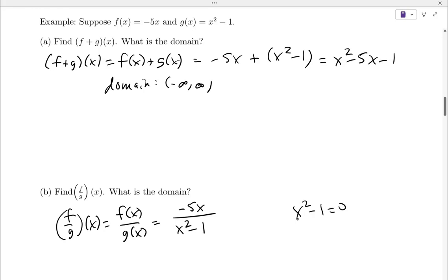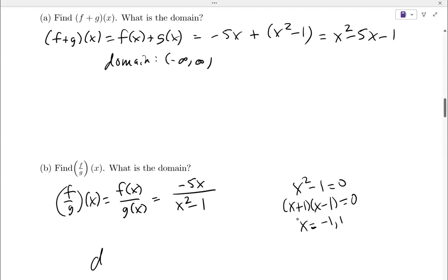how does x squared minus 1 factor? Good, yeah, x plus 1, x minus 1. And so what values would make that equal to 0? Negative 1 and 1. Those are the numbers that x can't be, right?